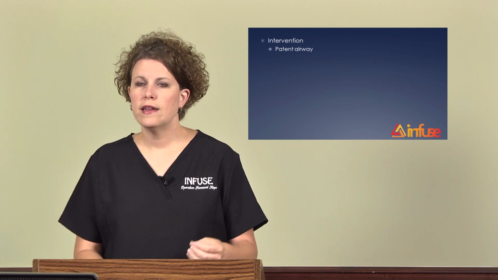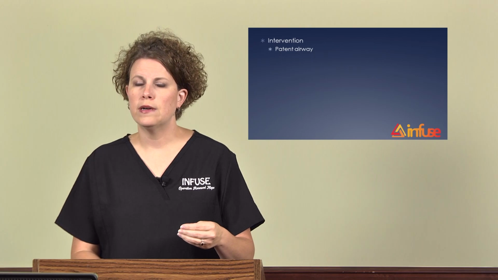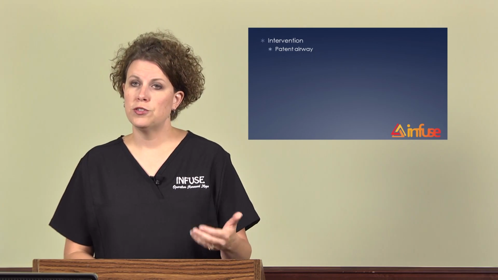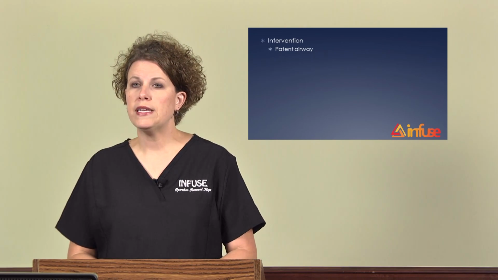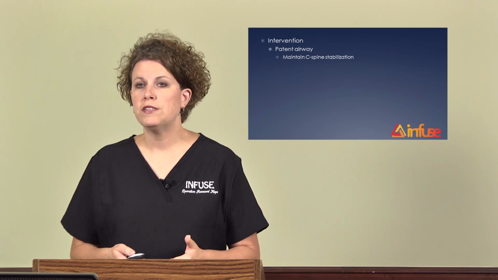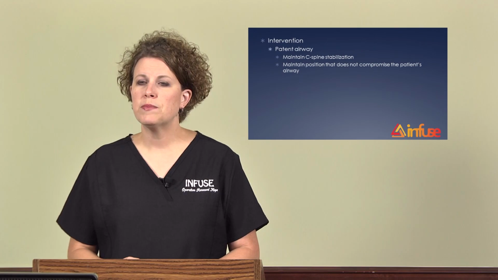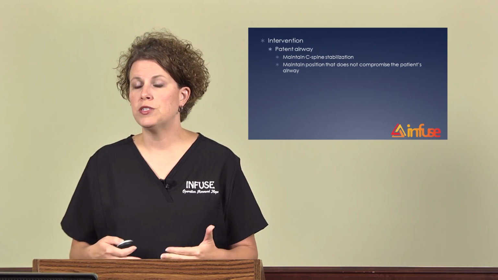So in intervening to maintain a patent airway, initially, as we said before, you want to maintain cervical spine stabilization. We don't know all the history of what has happened as to why this patient has come to the emergency room. So we want to make sure that we maintain their C-spine stabilization so that we don't cause any further harm.